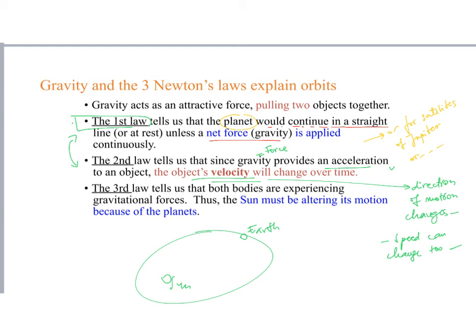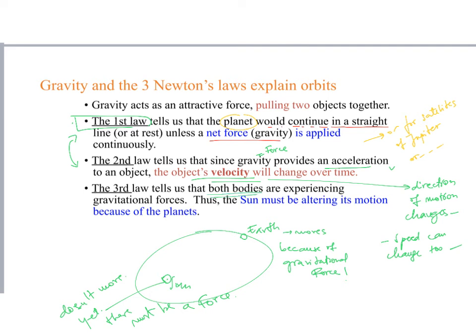So the Earth moves because of gravitational force. But what about the sun? The sun doesn't move. And yet, there must be a force, right?